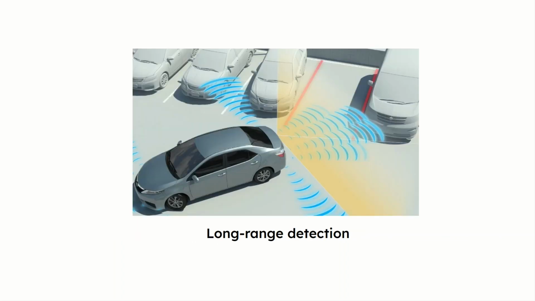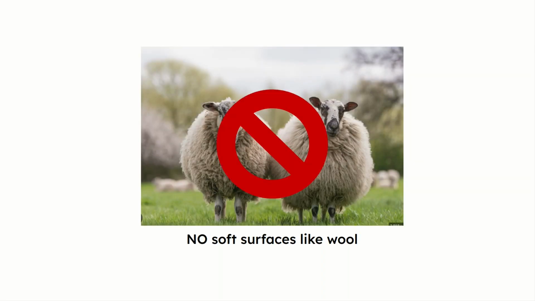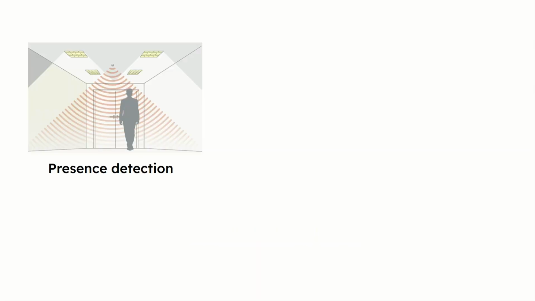Ultrasonic sensors are also perfect for long-range detection of targets with different surface properties. They are not influenced by light, smoke, dust, color, or material, except for extremely soft surfaces like wool. You may not be able to detect this shape.